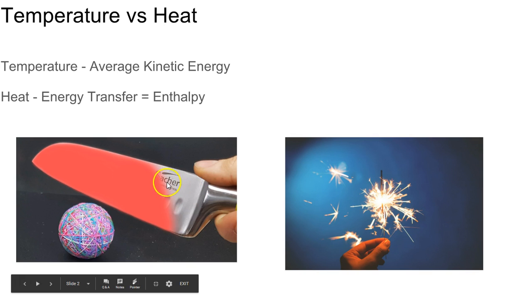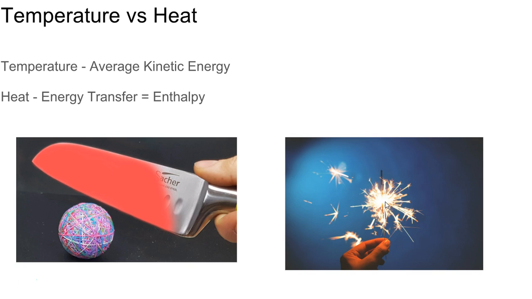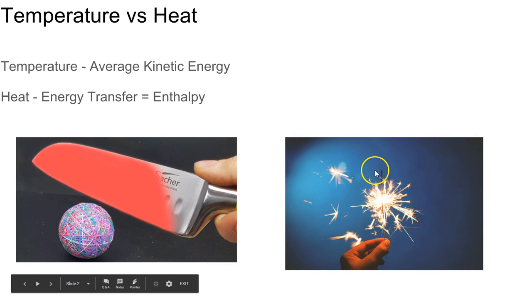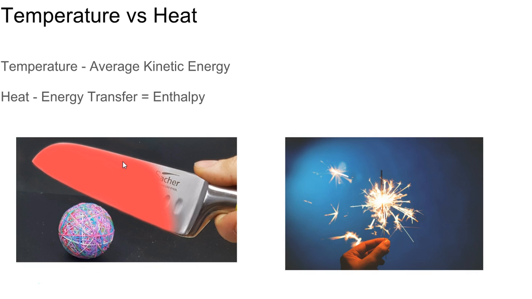That's because even though the sparkler reaches a temperature of about 2,000 degrees, and the knife would be about 1,000 degrees, even though this has more temperature, the 1,000-degree knife has more heat, or this ability to transfer more energy, because it has more mass.